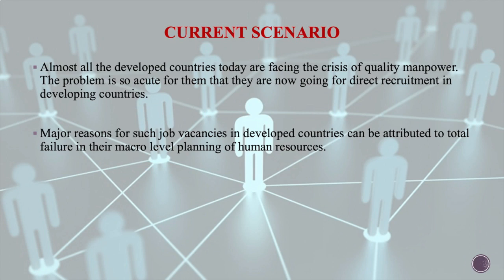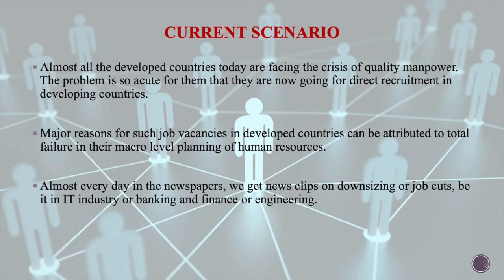One of the major reasons for such job vacancies in developed countries is attributed to the total failure in their macro level planning. Almost every day in the newspaper, we get news clips on downsizing and job cuts, whether in the IT industry, banking, finance or engineering industry; it is prevalent everywhere.